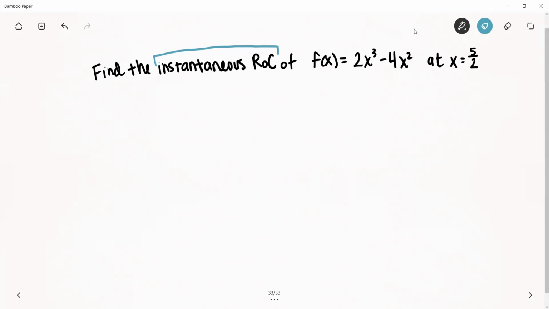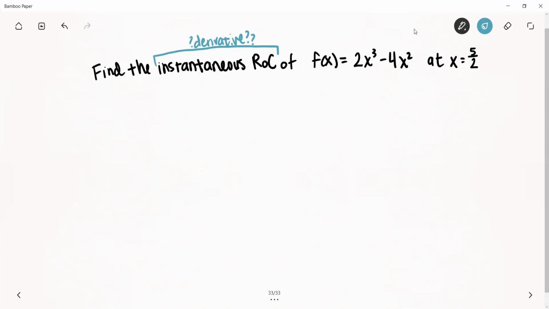But when we hear those words, our brain should be thinking, derivative? Because we know that these are connected. But I'm putting question marks around here because I am pretty sure that that's not all I have to do.